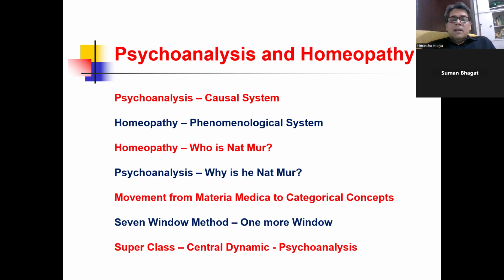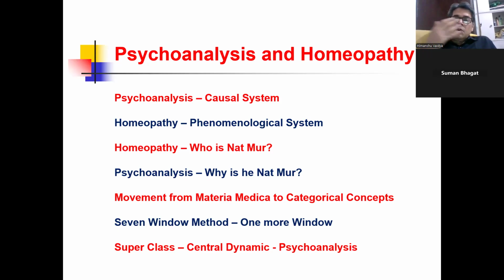Now, one more thing you add there is superclass, the most recent categorical concept. And superclass is based upon a central dynamic. And this connects very closely to psychoanalysis because psychoanalysis also is based on a causal central dynamic. So there are two important points here.